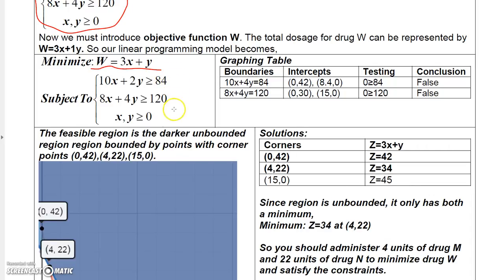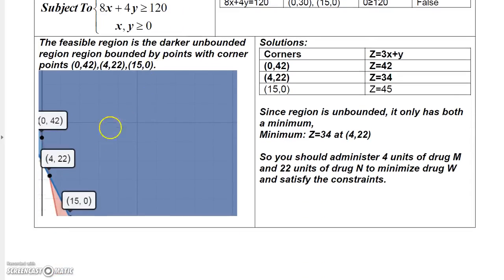If you graph this region, then basically you're going to get a region that's bounded here by the y-axis, and then it's going to be bounded here at the point (0, 42), and it's going to turn, and then it's going to hit this point (4, 22) where the two lines intersect, and then it's going to turn again and come down here, and then this point's going to be (15, 0), and then it's going to go along the x-axis.